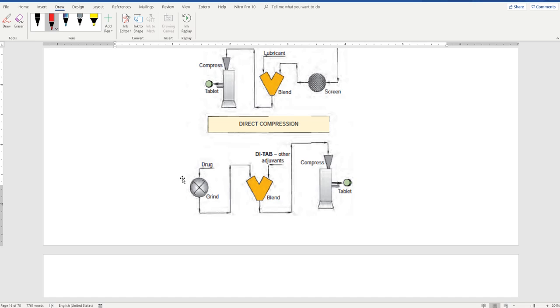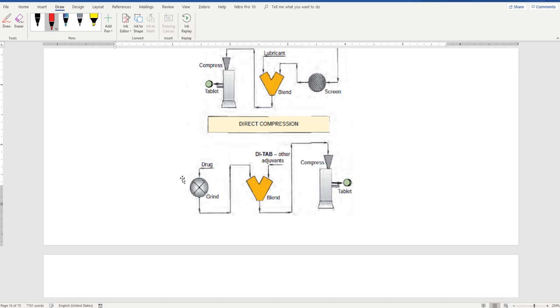A second reason, probably because of flow. Now, granules are bigger in size and they flow very well. And in industrial scale, we need good flowing formulation. Granules are bigger. If we don't make granules, the flow will most probably be a problem.